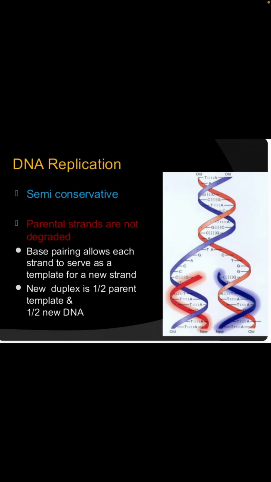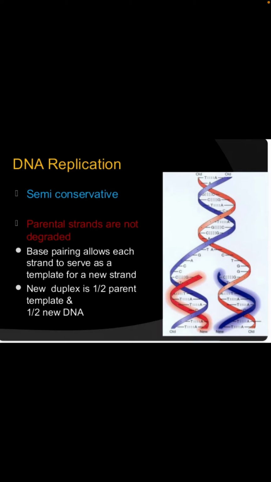But to go into the details of DNA replication, we must know some prerequisites for the DNA replication. First of all, DNA replication is a semi-conservative method in which half of the DNA is conserved and half becomes available for the synthesis of the new strand.